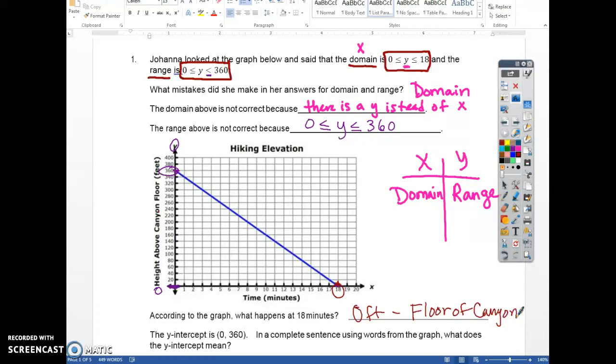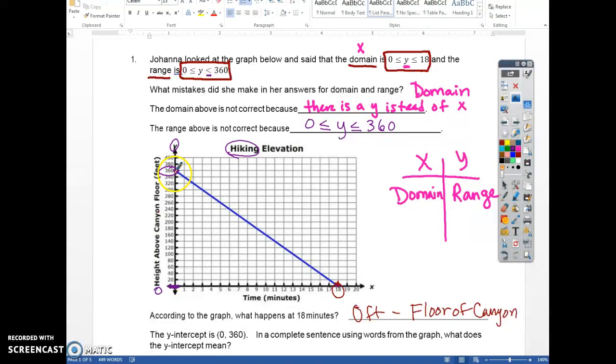Okay, what about the y-intercept? So up here, the y-intercept is 360. What happens here? That's where you started, and that is the highest that they were. They were at 360 feet when they started hiking. Okay?